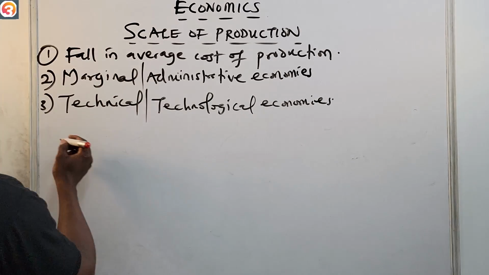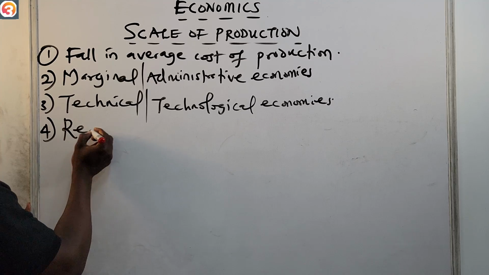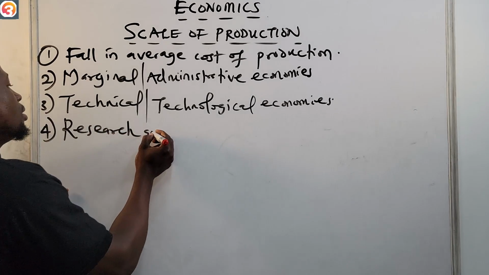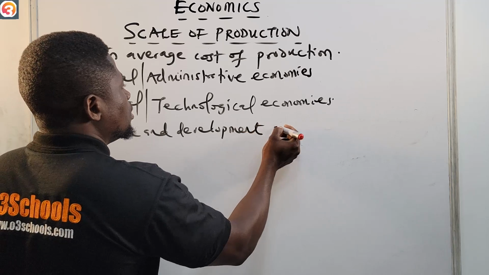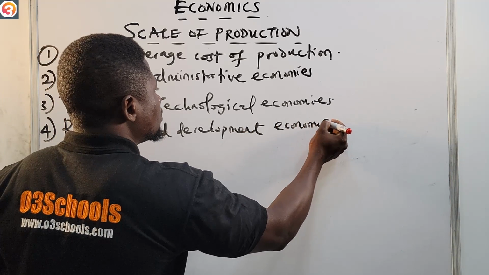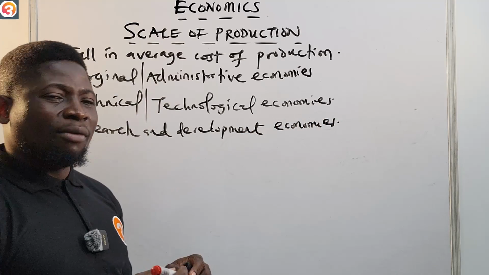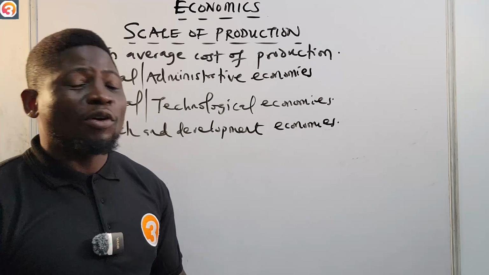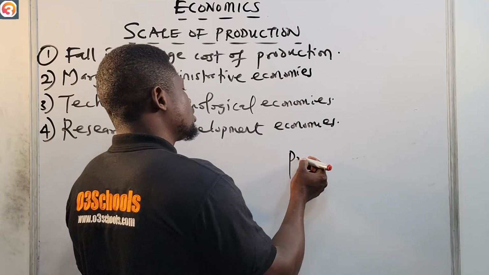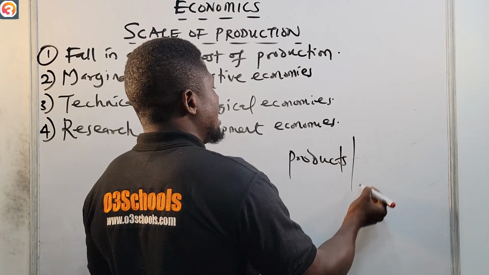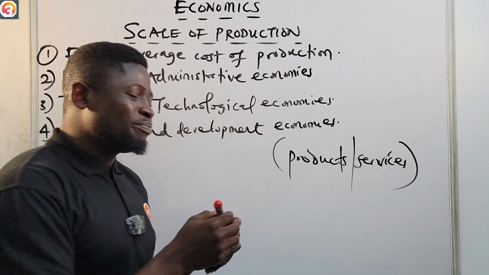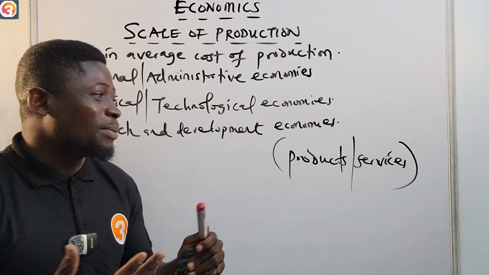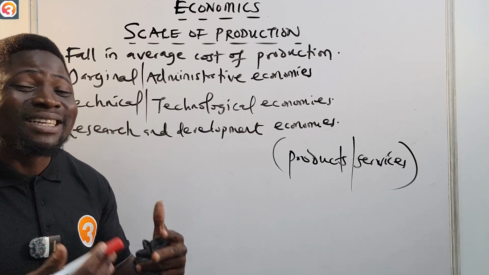Then number 4, research and development economies. Large firms can produce a variety of products and give a lot of services out, because they have the financial power to spend money on research.